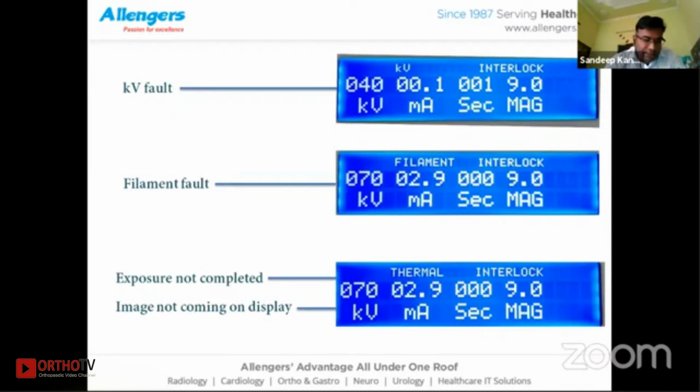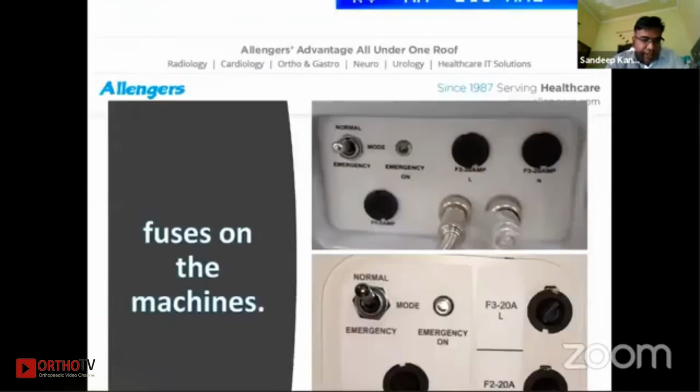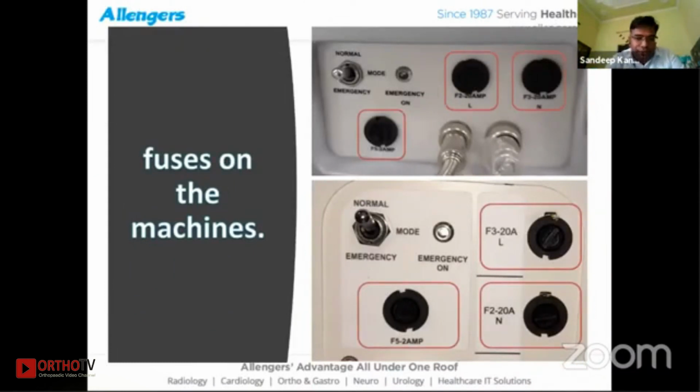So there are a few suggestions if the problem comes during surgery, sir. We analyze that a few fuses are available on the machine. You can see fuse number 2 and fuse number 3 there.